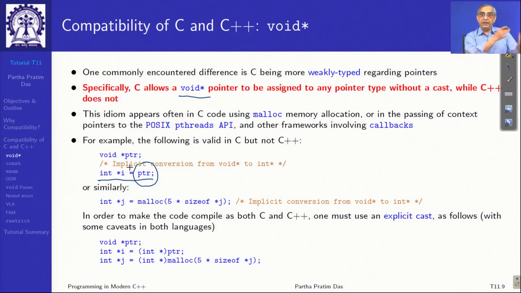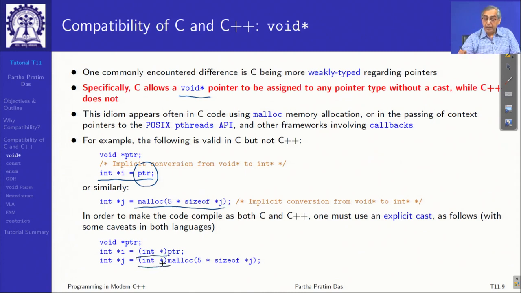After you do this, it becomes an int star pointer, and this is just allowed. Similarly, for malloc you can do this, but these things are not allowed in C++ unless you do an explicit cast. Void star will not be implicitly converted to any other pointer type in C++. You need to write the cast explicitly.